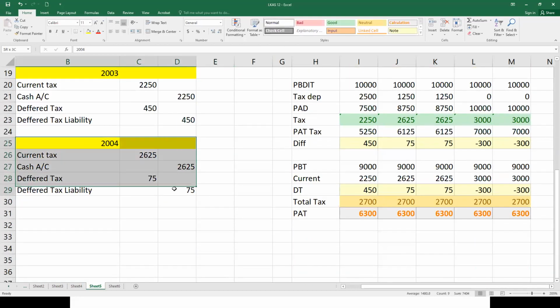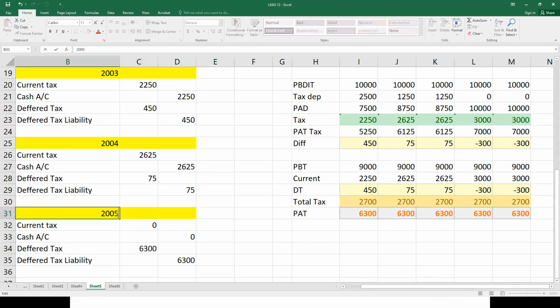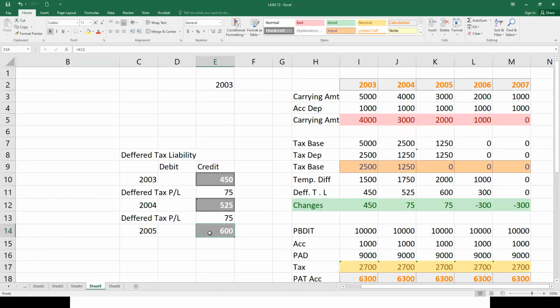In 2005, current tax equals 2,625, and cash account like that. And deferred tax, how much? Deferred tax 75, and deferred tax liability also 75. Then the total balance becomes 600.